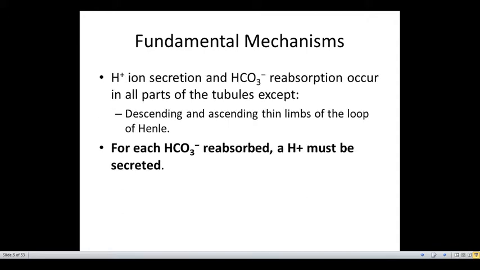Hydrogen ion secretion and bicarbonate ion reabsorption occur in all parts of the tubules except descending and ascending limbs of the loop of Henle. A very important fact to memorize is that for each bicarbonate reabsorbed, a hydrogen ion must be secreted.